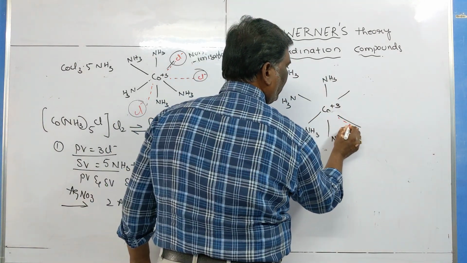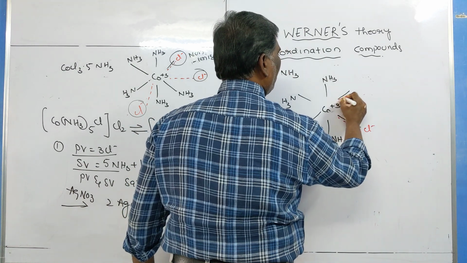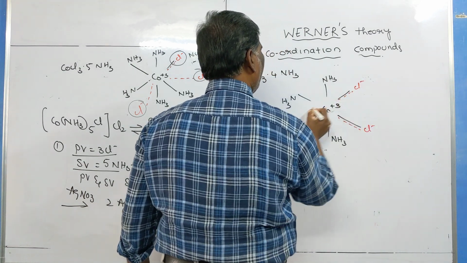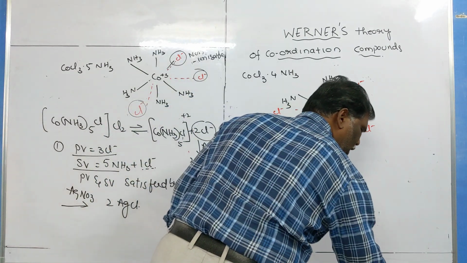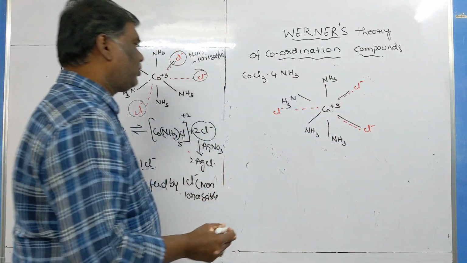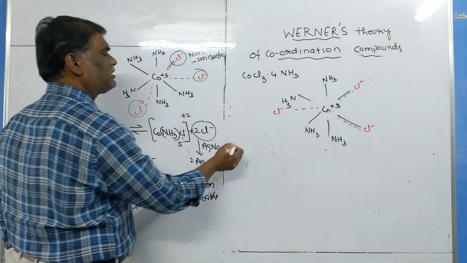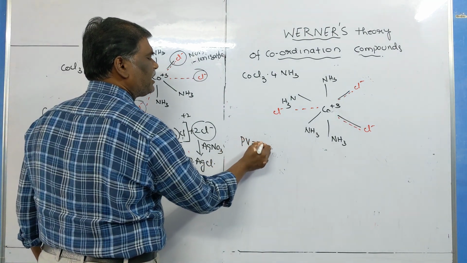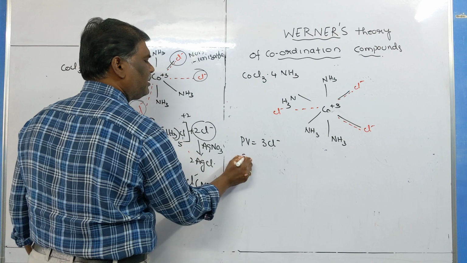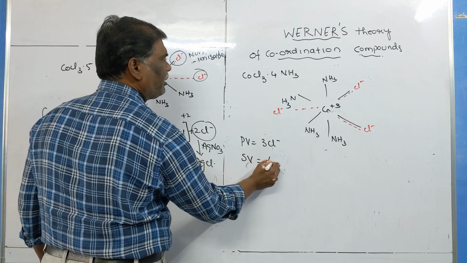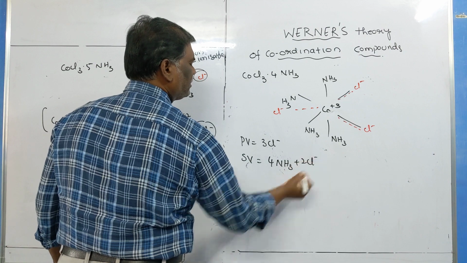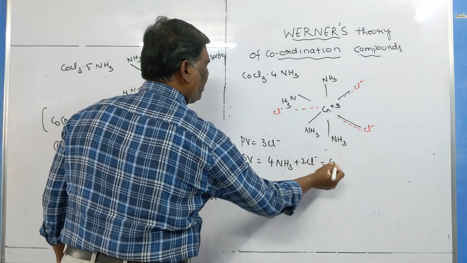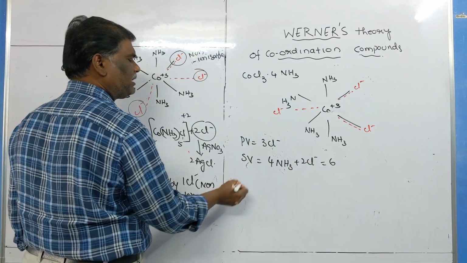Here is a chloride, and here is a chloride. Now tell me, in this one, how many chlorines are satisfying both primary valency and secondary valency? First, primary valency is satisfied by 3 chlorides. Secondary valency is satisfied by 4 NH3 molecules and 2 chlorides. That's why 6 is the coordination number or secondary valency.